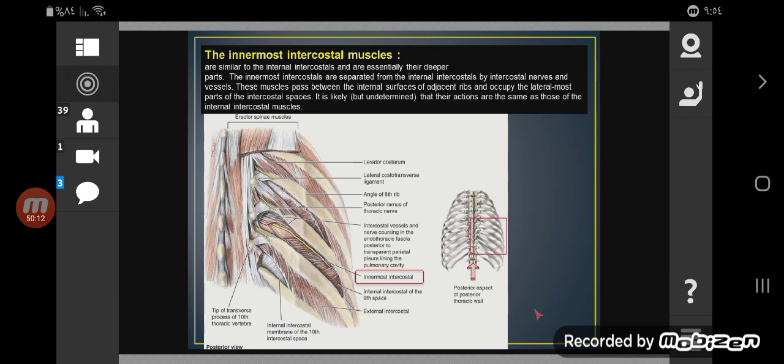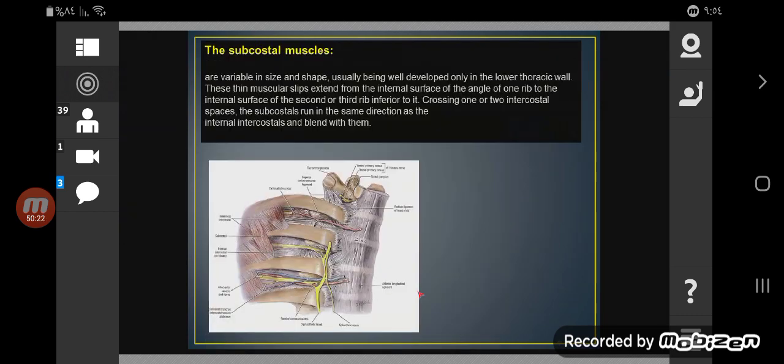And I checked the time. Yes, we've got enough time for talking about the innermost intercostal. In this picture, you can see the vertebral column. We are inside the vertebral column.